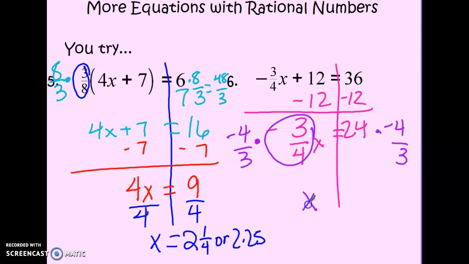Which is going to leave me with x, and then 24 times 4 is negative 96 over 3, which simplifies to x equals negative 32.